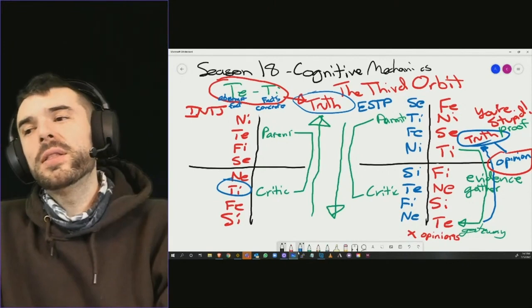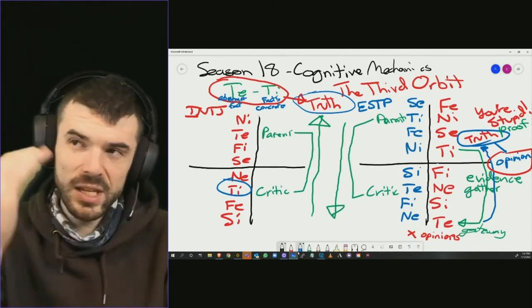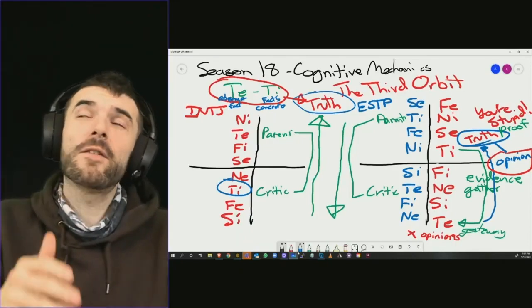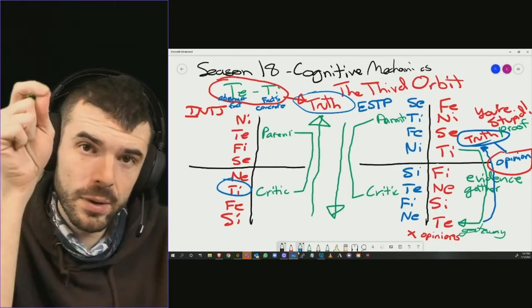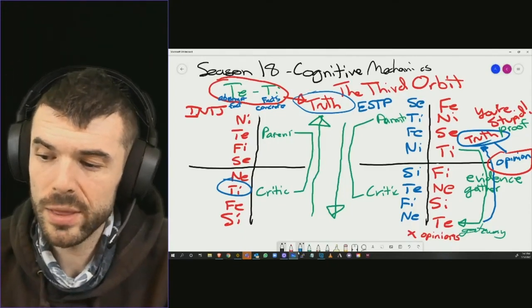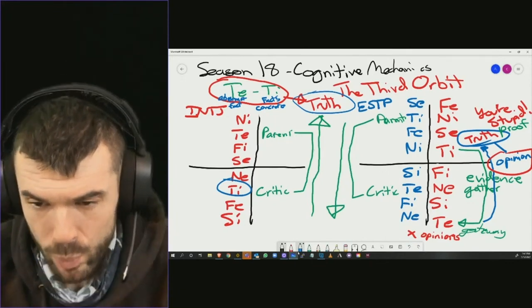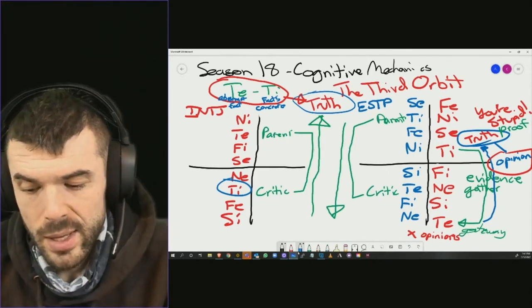So their output that comes up, their FE output, because remember, you have that process of TE, TI, FE, FI: input, process, output, feedback, in that order, which is what we first started with at the beginning of cognitive mechanics. That feedback loop, that system.